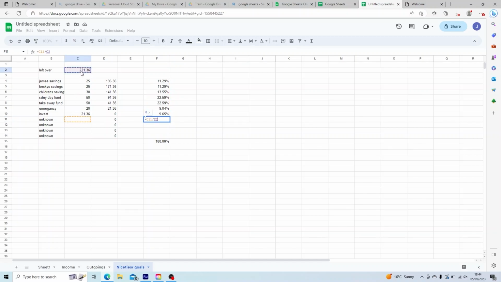So it wasn't just a simple case of dragging it down to make the formulas work, even though there probably is a way. I just wanted to make sure that it worked all the way across the sheet.